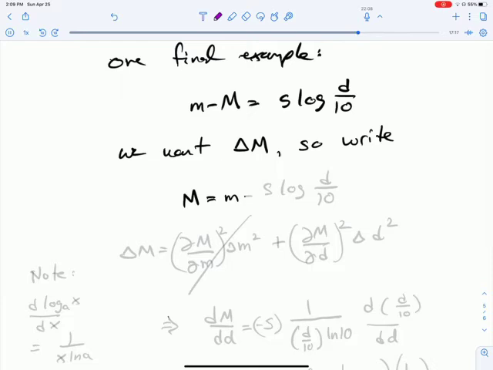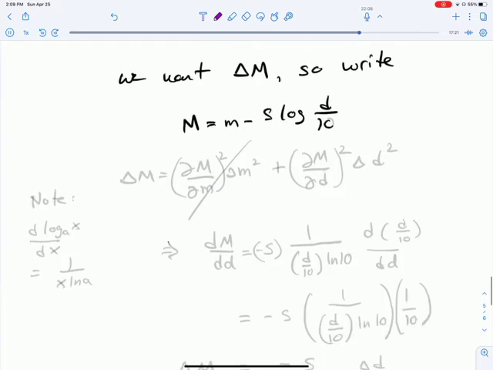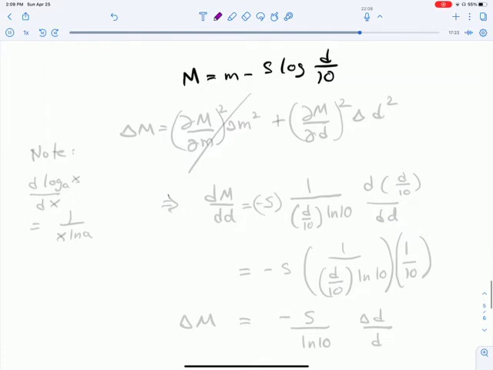So m is equal to apparent magnitude minus 5 log d over 10. Okay. So now applying the error propagation equation, delta m is equal to dm by d little m squared delta little m squared plus dm by d distance squared delta d squared.